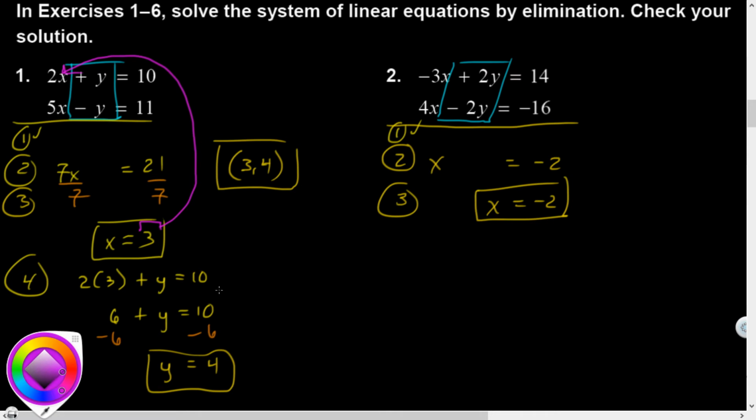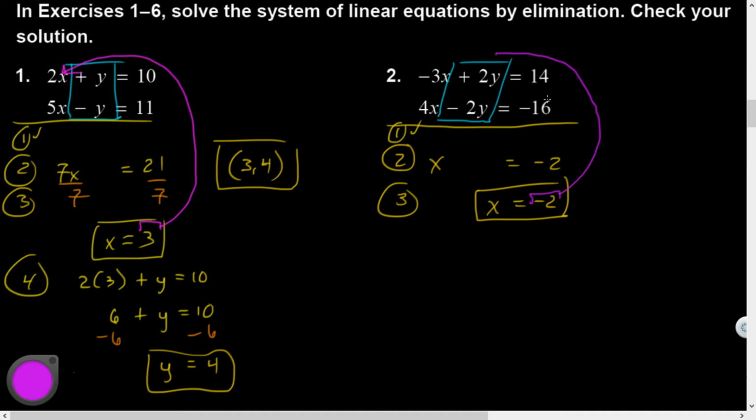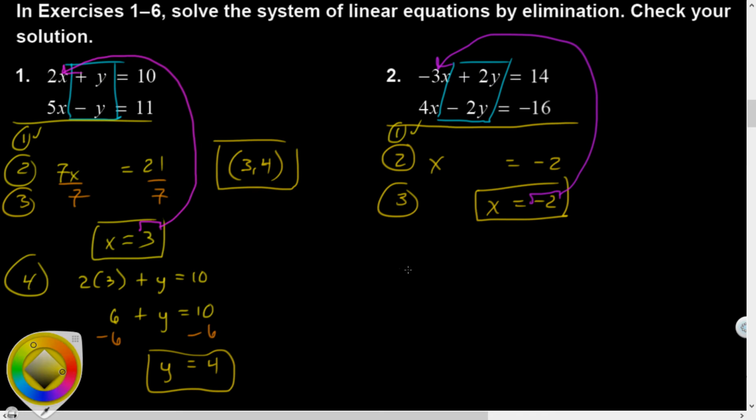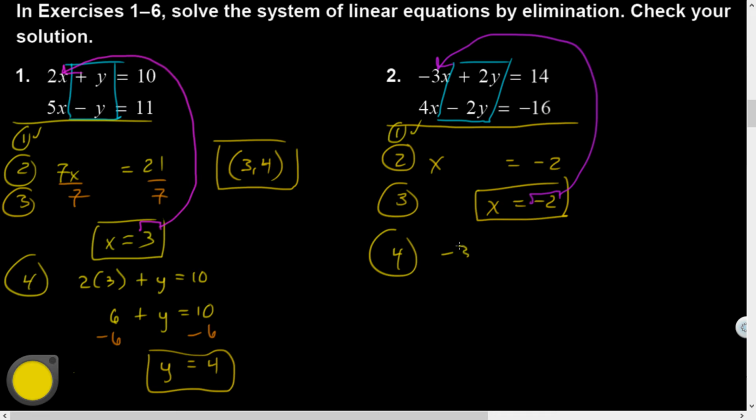Plug in this, substitute it into either of the originals. I don't know, they're both kind of weird. I'll plug it into this one's x, I guess. So for step 4, substitute negative 3 times negative 2 plus 2y equals 14. So that's positive 6 plus 2y equals 14.